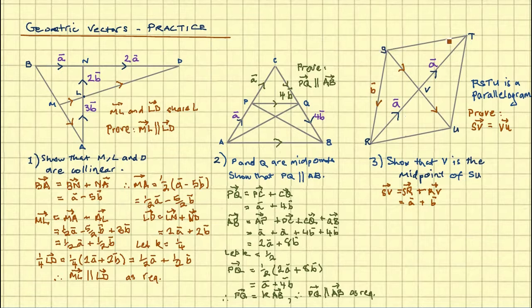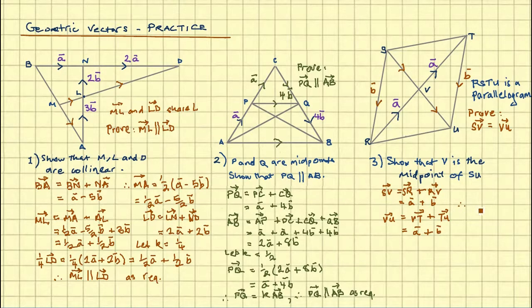Okay, so you should have realized that if this is a parallelogram, then we can define an equal vector on the other side of the parallelogram, T to U, which we can also label B. So therefore, V to U must equal V to T plus T to U, which if you express in terms of A and B vectors, V to T is A and T to U is B.